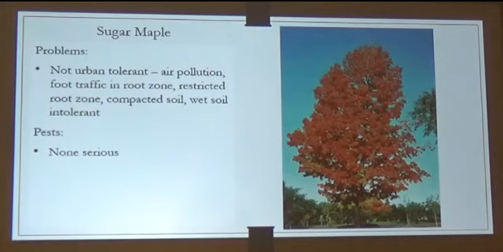So it's that root zone that they really need to have a little bit better soil, a little bit more forest-like, with more mulch, more organic material in it. So a good thing to mulch the area around the root zone of a sugar maple to keep it happy. But other than that, there are really no serious pests of sugar maple.